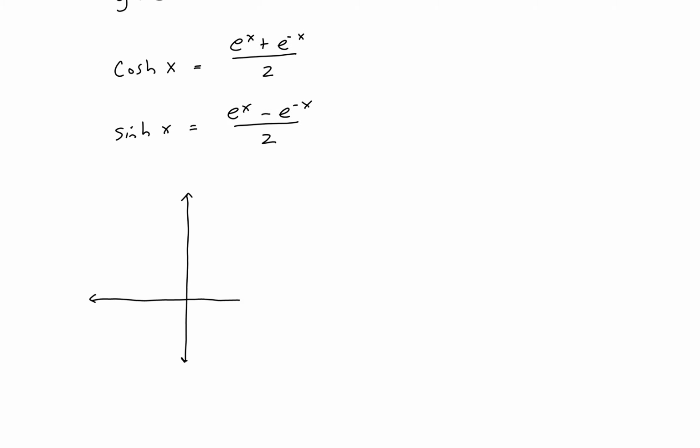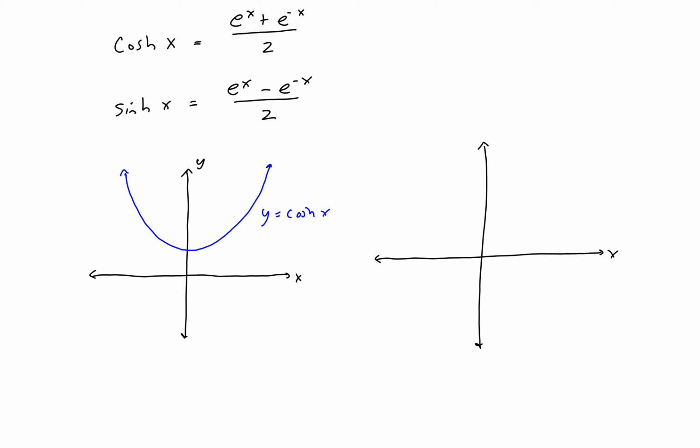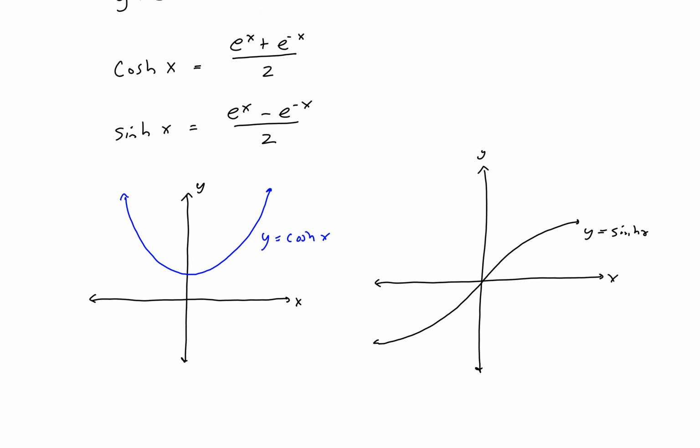So we'll just quickly recap that here without going through where these graphs came from. Hyperbolic cosine basically looked like this. And hyperbolic sine looks something like this. And we saw that the hyperbolic sine is an odd function and hyperbolic cosine is an even function.